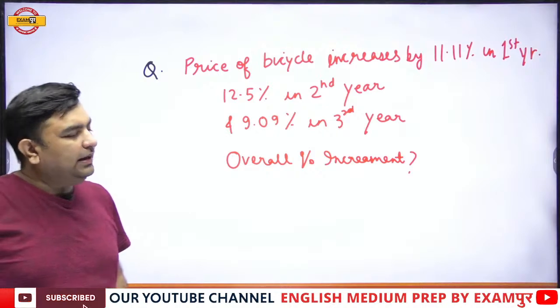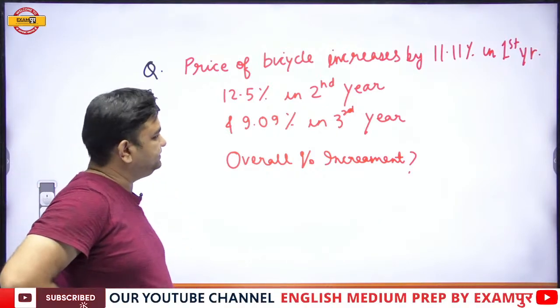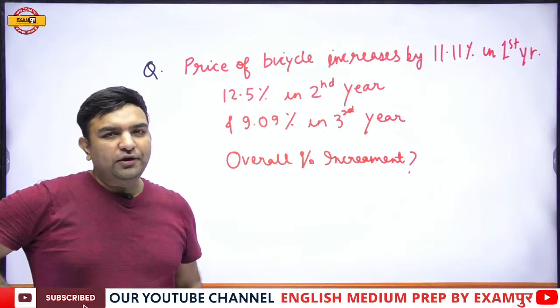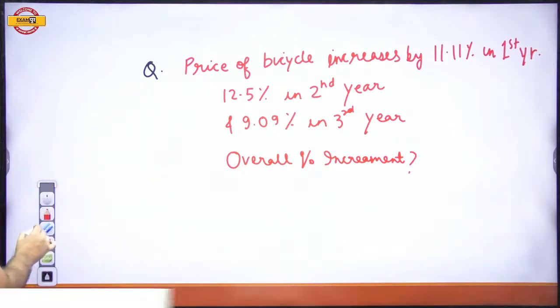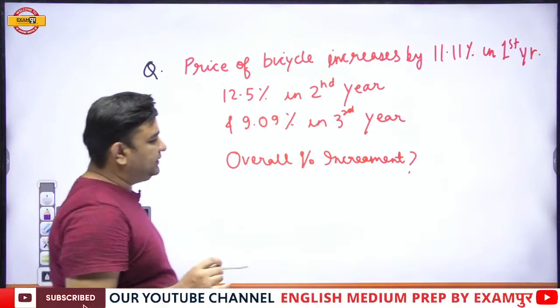Price of bicycle increases by 11.11% in the first year, 12.5% in the second year, and 9.09% in the third year.